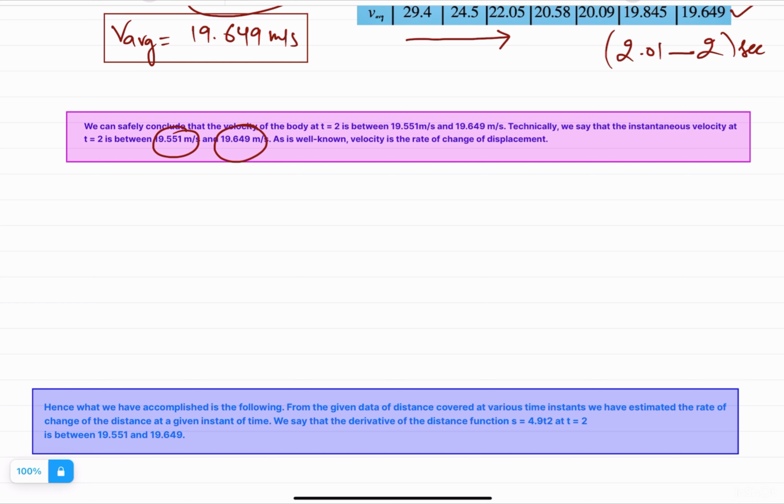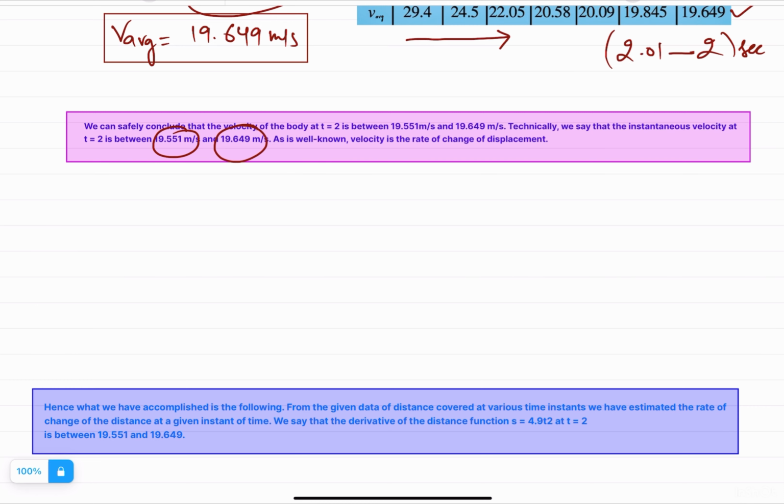We can say that the derivative of the distance function s of t equal to 4.9 t square at time equal to 2 seconds is between 19.551 meters per second and 19.649 meters per second.